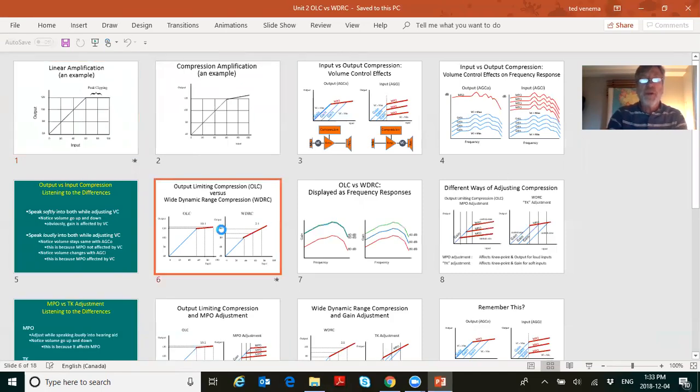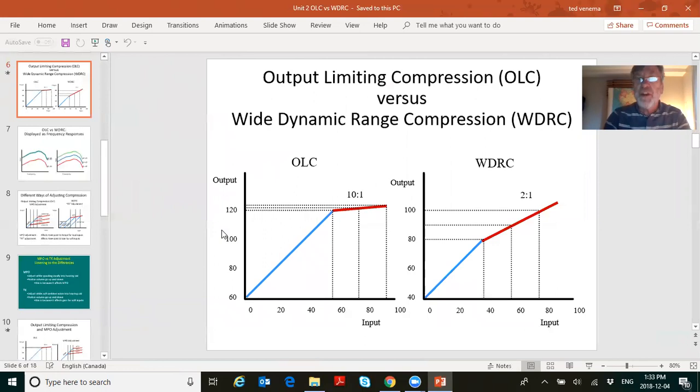When you're looking at output limiting versus WDRC, notice the differences. High knee point, high ratio on one; low knee point, low ratio on the other. For whom is this intended on the left? Severe hearing loss. On the right? Mild to moderate loss. Where is the compression taking place on the left? For loud inputs.